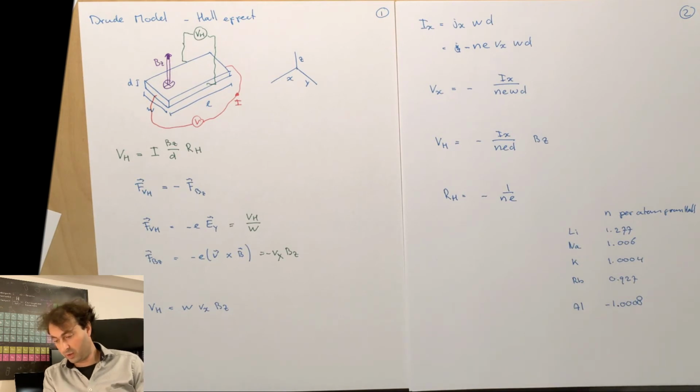So PhD students in that time had to look for new particles with charge mass ratios of electrons, but then positively charged. That's just weird. What is going on here? And actually, it took quite a time before people were able to explain this wrong charge of the charge carriers in a material like aluminum.